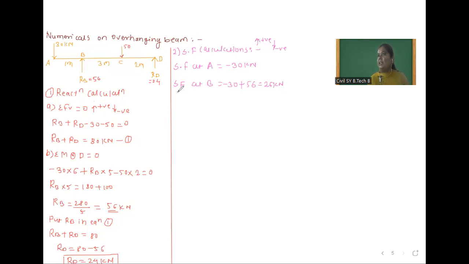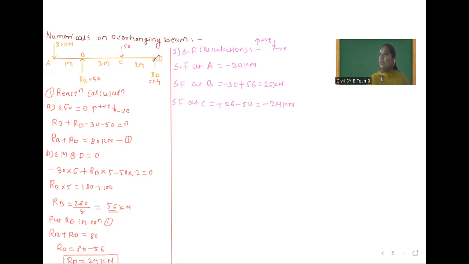Then between B to C there is no force, so we will calculate at C. Shear force at C: up to C the force is constant, plus 26. But at C a downward 50 force is there, so minus 50, which equals minus 24 kilonewton.